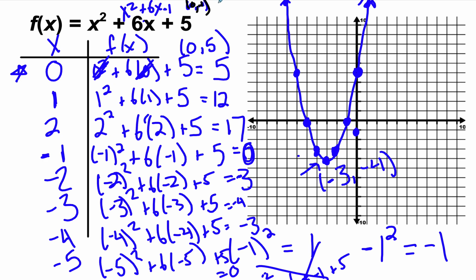Okay, 1, 6. So we have this point. Okay, now I'll do -1. So I'll have -1. That'll be 1 minus 6 is -5. Minus 1 is -6.